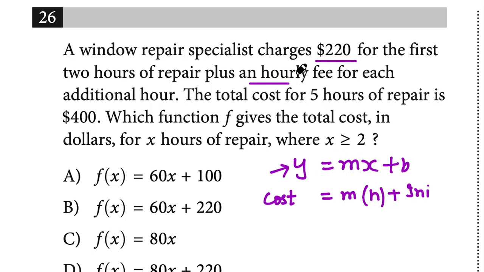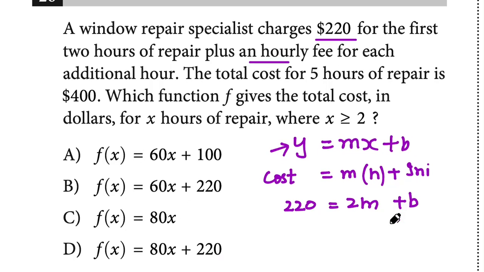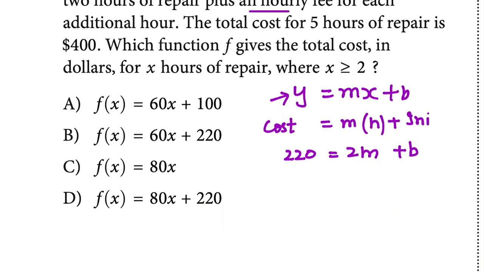So if I see this data, for first 2 hours, the cost is 220 and initial value is B. Let's write whatever is given to us. And now let's see the second situation. Second situation is if the work is going on for 5 hours, the total cost will be $400. So $400 when work is done for 5 hours plus B.